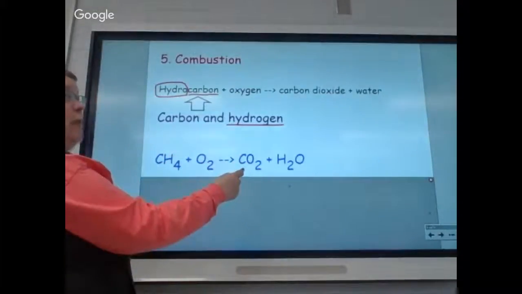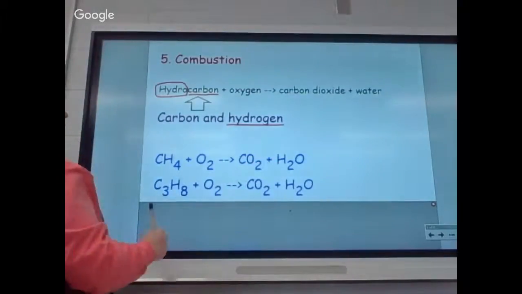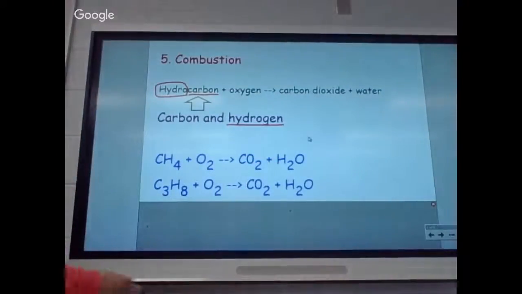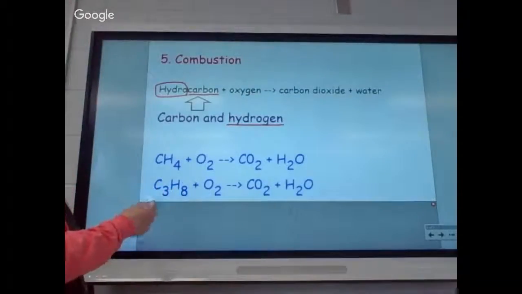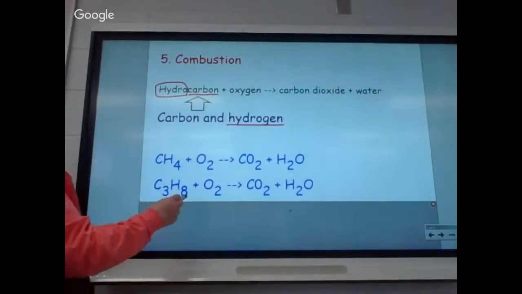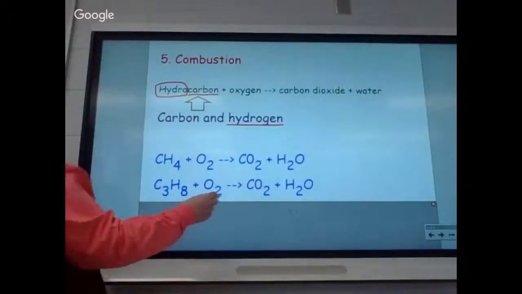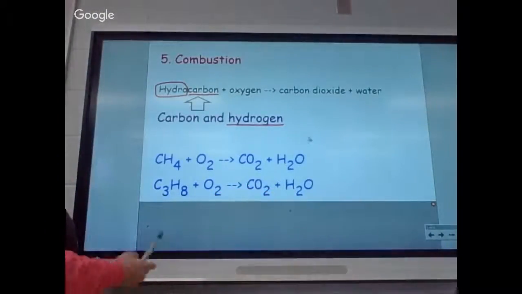Everybody knows CO2 is carbon dioxide, right? And H2O is water. We should know. All right, C3H8 is a hydrocarbon. How many carbons are there? How many hydrogens are there? Plus oxygen, we get CO2 plus water. Do you see a pattern there?